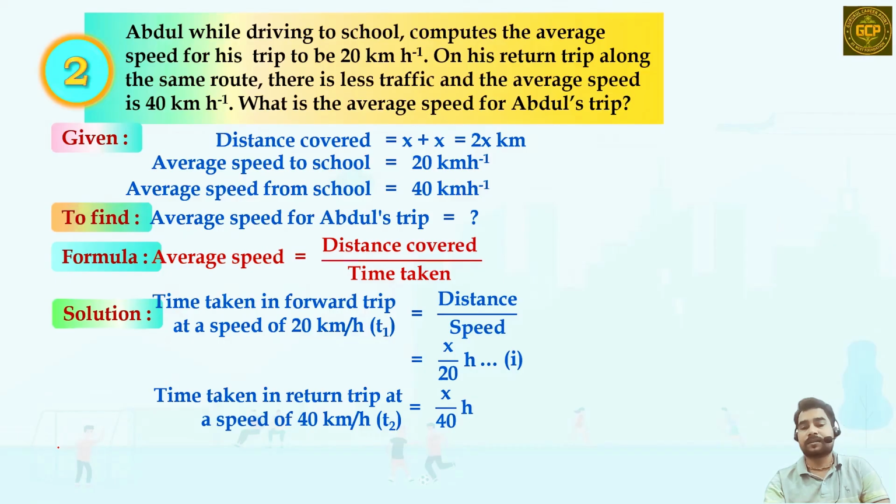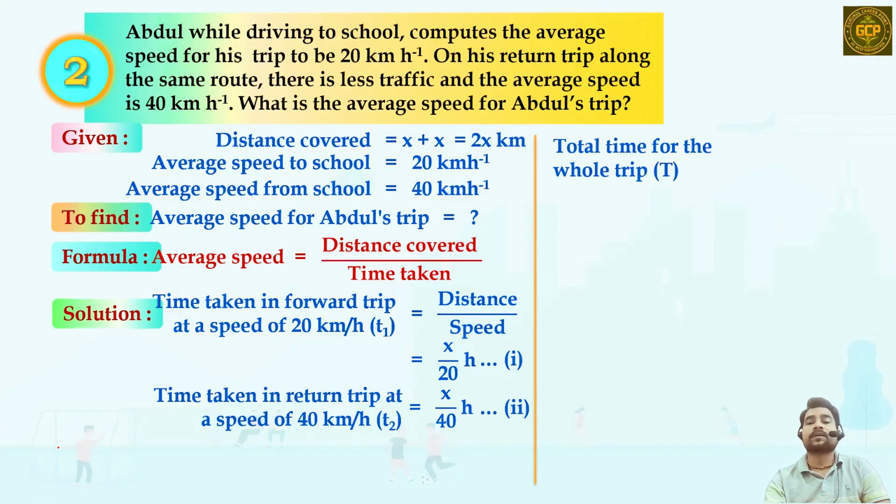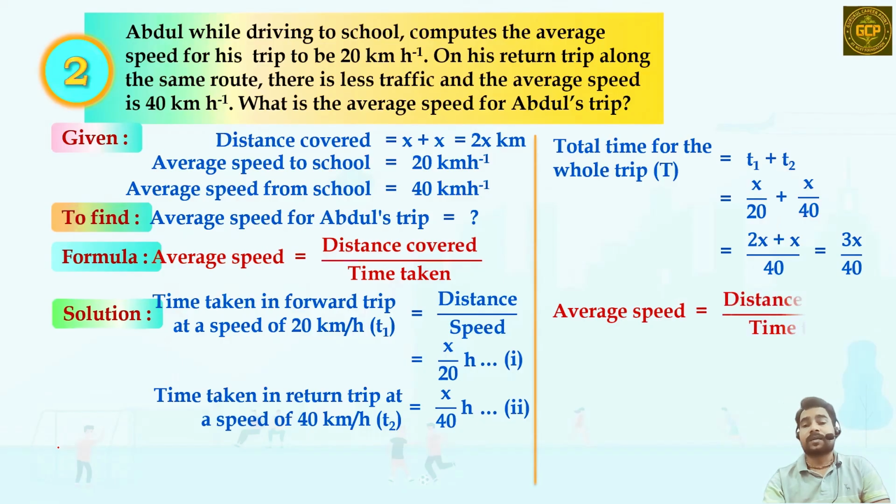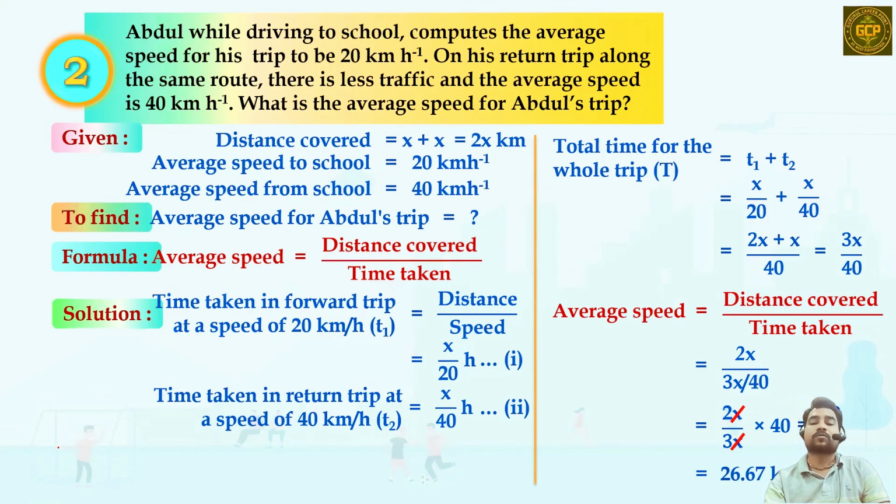So now I have T1 and T2 both. So total time is going to be T1 plus T2. Once you solve this a little bit, you will get 3x upon 40. So the average speed has this formula. Write down the value: distance upon time taken, and after solving this, the value is 26.67 kilometer per hour.